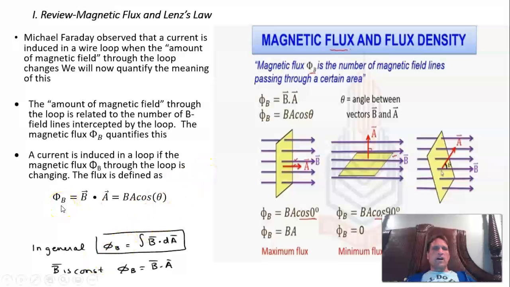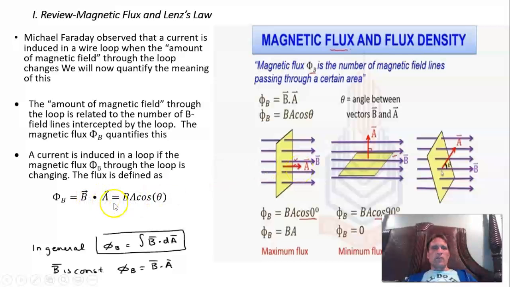The flux is just the dot product of the magnetic field at the location of the loop with the area of the loop. Remember, we made area a vector whose magnitude is the area of the loop and whose direction is perpendicular to the loop.